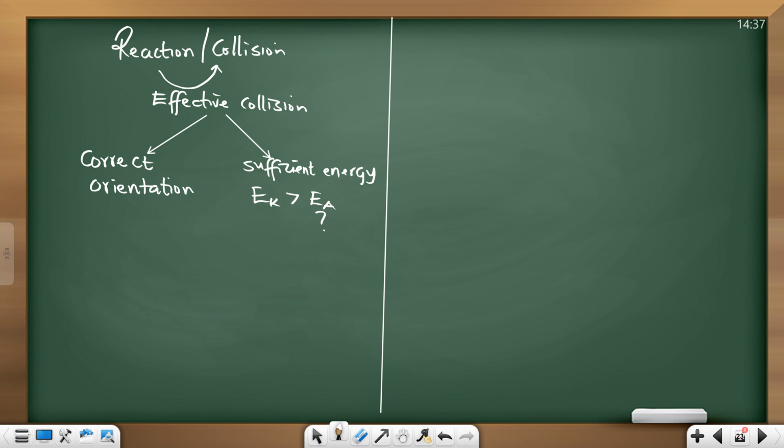What are the factors that affect the... Okay, what is collision frequency? Let's quickly talk about that. What is collision frequency? Anybody? Number of... You're on the right track.